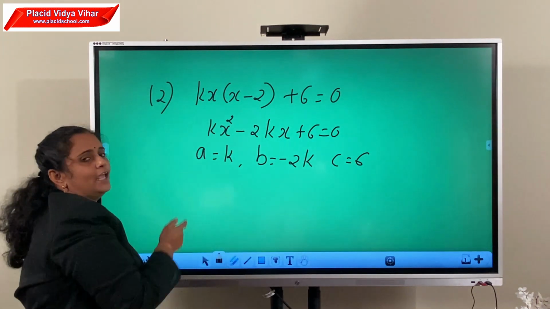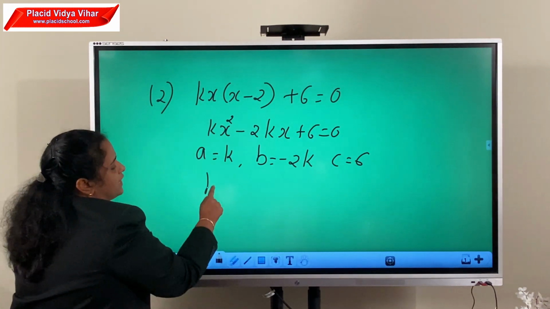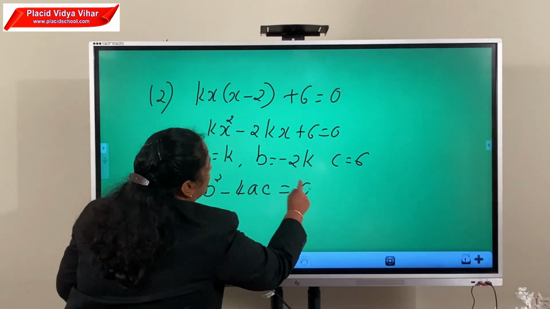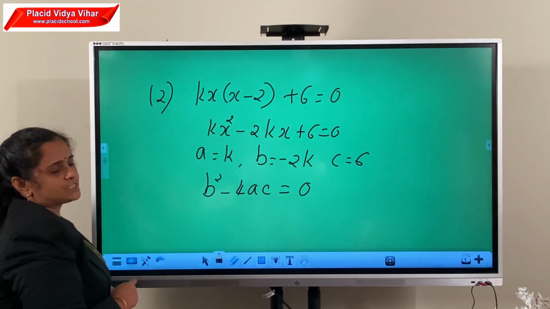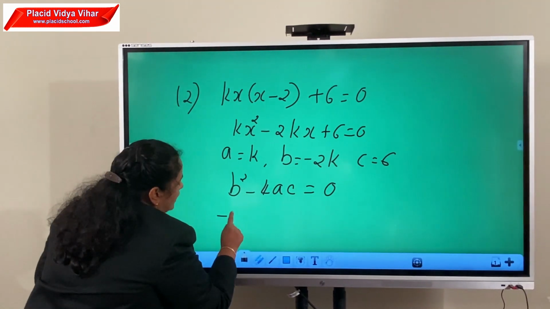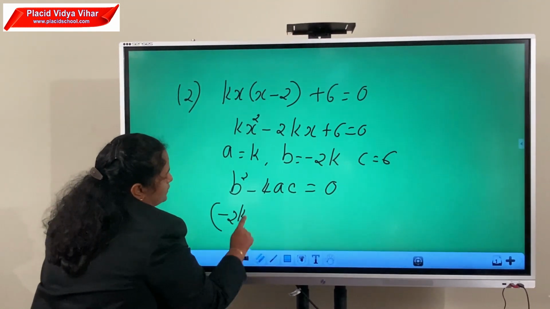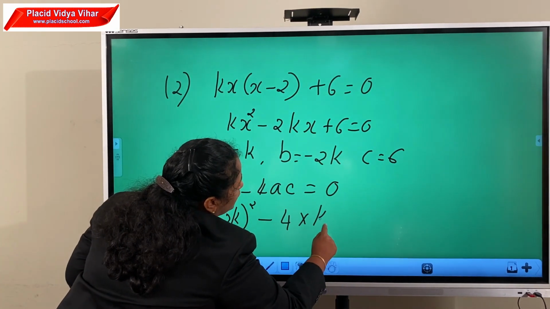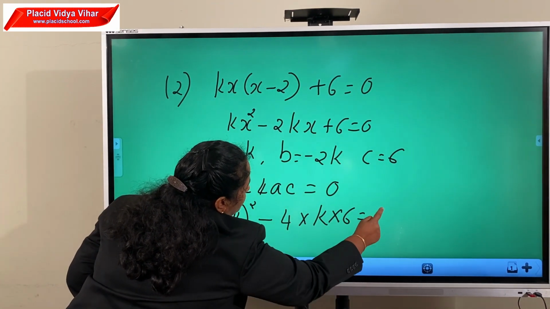The roots are equal is given in the question. Then we can write b square minus 4ac equal to 0. Then b is equal to minus 2k, to substitute, that is minus 2k the whole square minus 4 into k into 6 equal to 0.